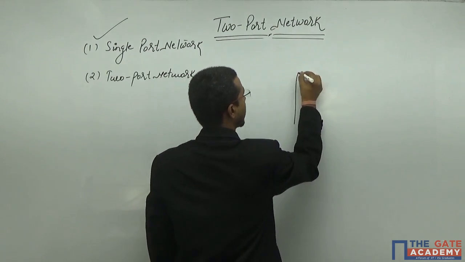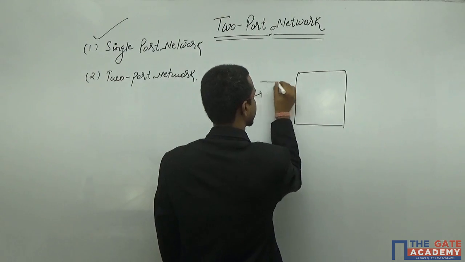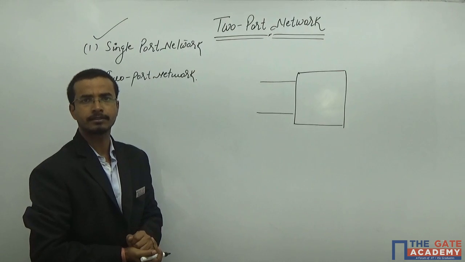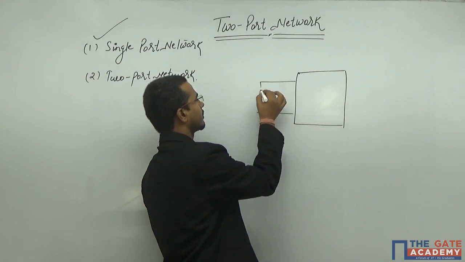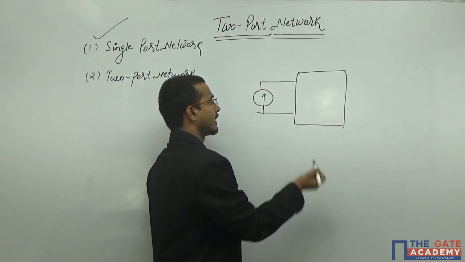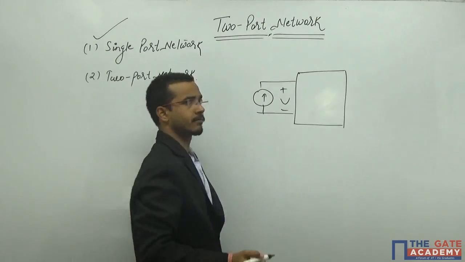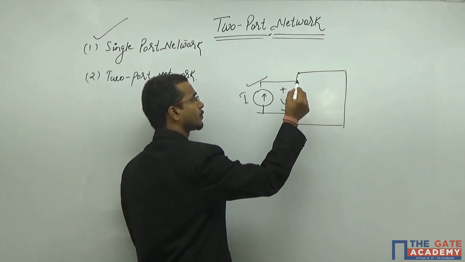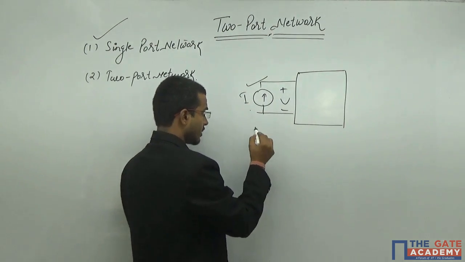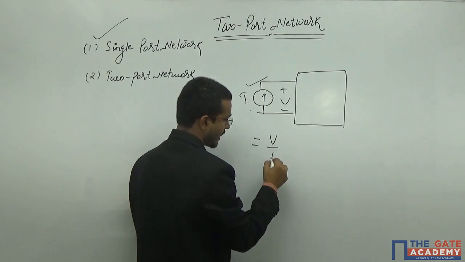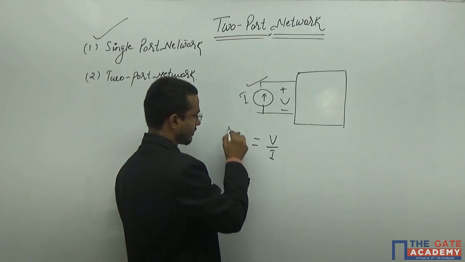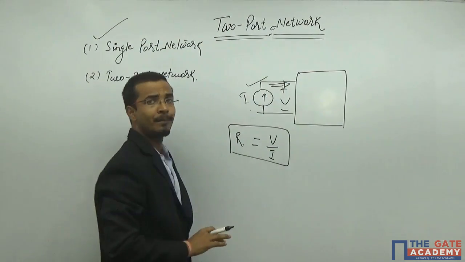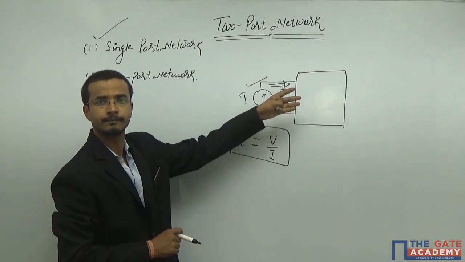That means if you have any black box like this, and you are applying some current source and measuring the voltage here, then your independent variable is this current, that means your input, and your response is V, and you can calculate V by I equals R equivalent. That means the input impedance of this particular black box, how much impedance you will see here.